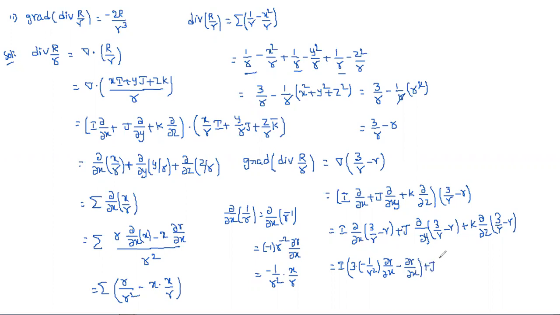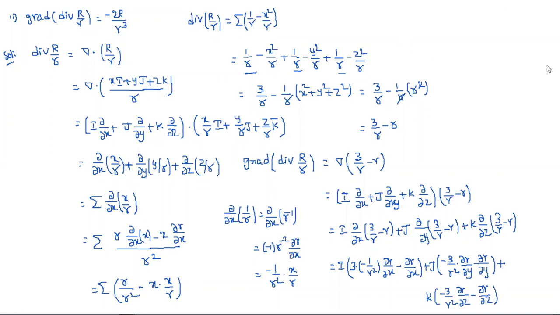Plus j, the same way: minus 3 by r square into ∂r/∂y, minus ∂r/∂y, plus k, here it is minus 3 by r square ∂r/∂z, into minus ∂r/∂z.